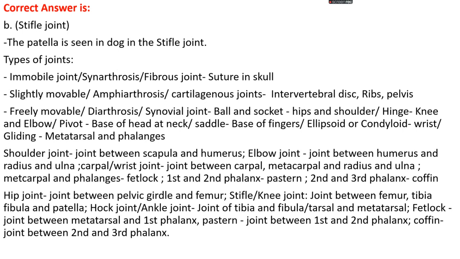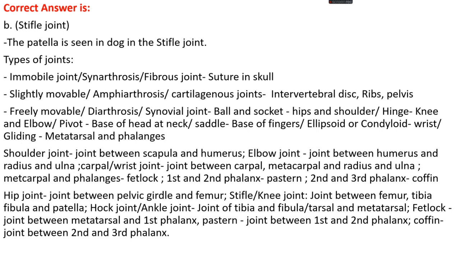If we look at the types of joints, first there is the immobile joint, or synarthrosis, or fibrous joint, which is present in the cranium, known as a suture in the skull. The second is the slightly movable joint, amphiarthrosis, or cartilaginous joint, for example intervertebral disc joints, ribs, and pelvic joints.